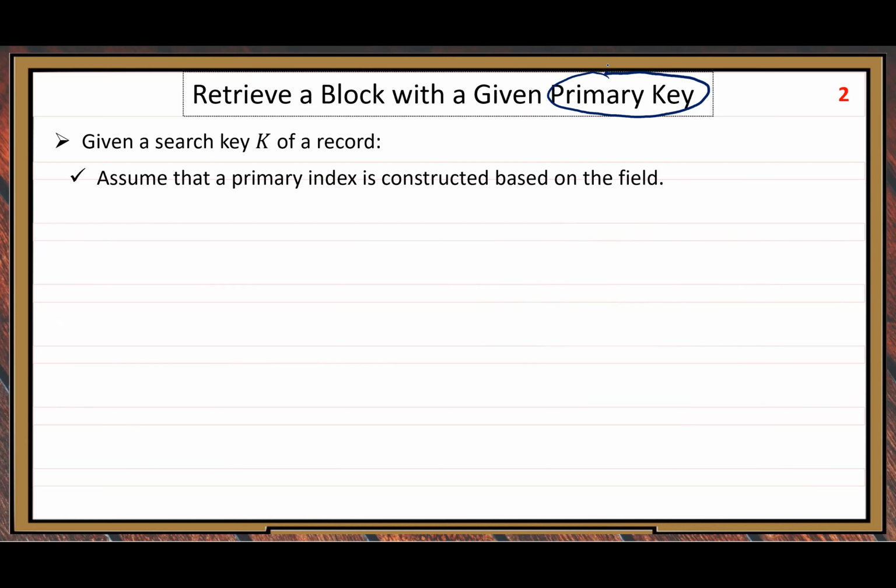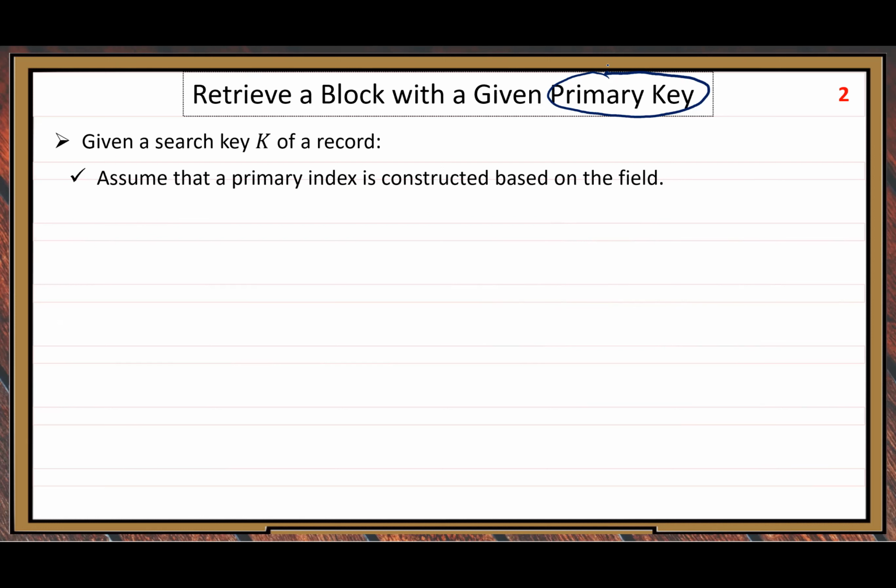Assume a primary index is constructed based on the field. We can sort the table data based on this key field. It may not be a key field.